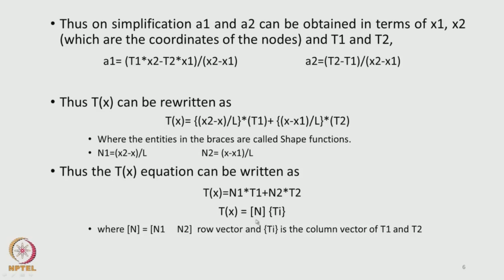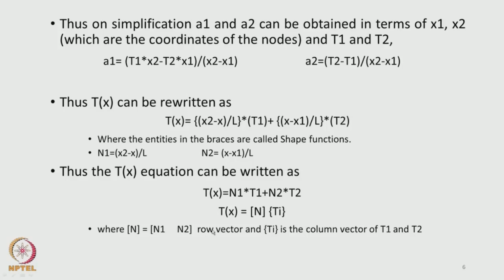Now, in this case N is a shape function and this is a matrix form. We are assuming linear variation between two nodes and that the linear assumption is the same throughout the domain. So, we get the same function used throughout the domain.